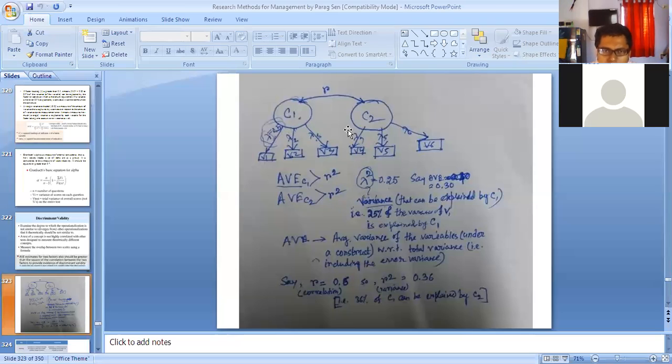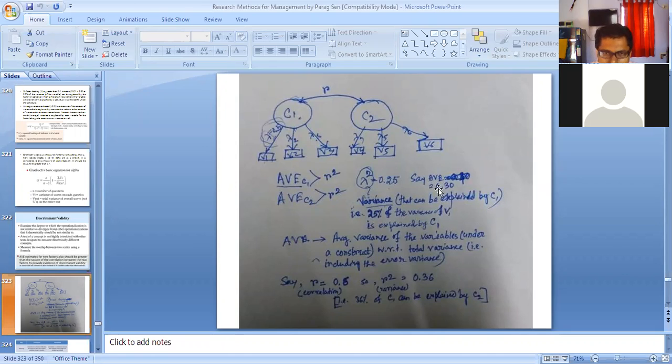Here you just notice that suppose your small r is 0.6, and suppose the average variance extracted that you have found for the construct C1 is 0.3.